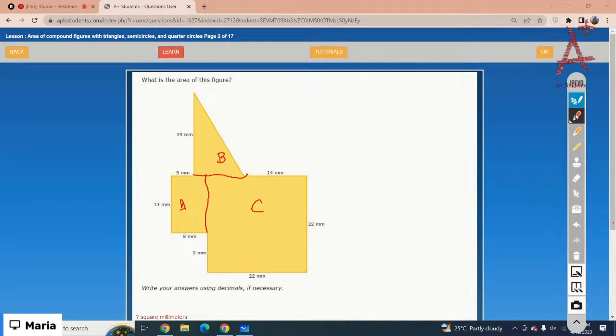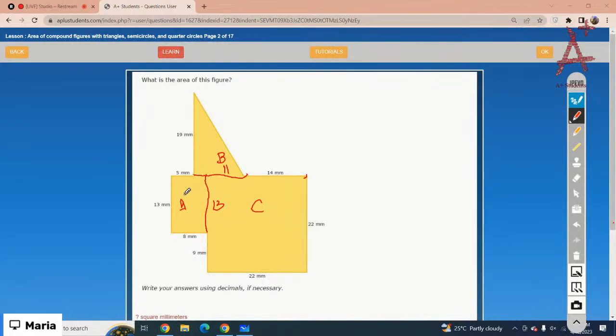So it would be 13, because this is 13, this is 13. It would be 22 plus 8. That means the complete length from here to here is 30. So 14 and 5, 19. That means this one is 11.